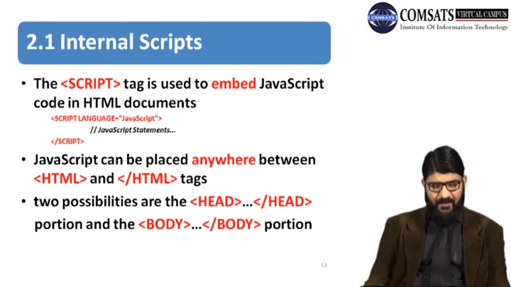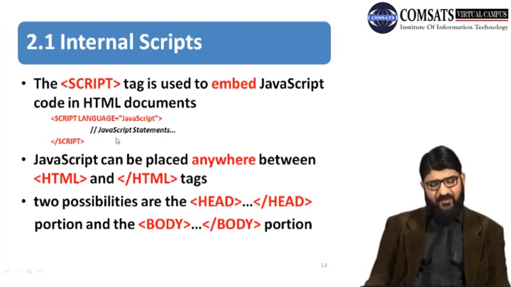As you can see on the screen, a script start tag is mentioned, and we mention the script language, that is JavaScript. It can be VBScript or some other scripting language as well. Then the JavaScript statements will be written, and in the end the script will be closed.